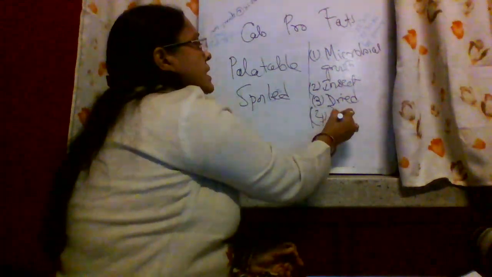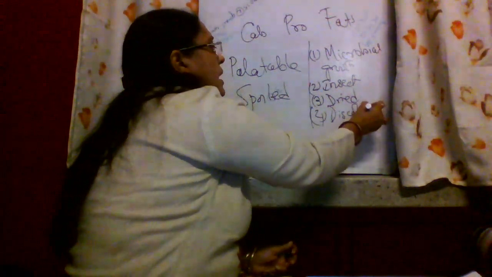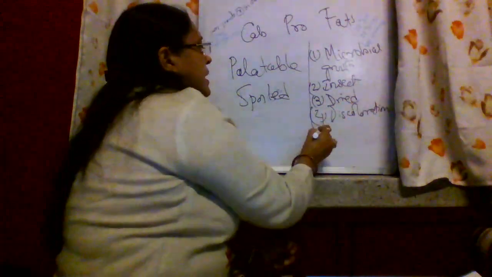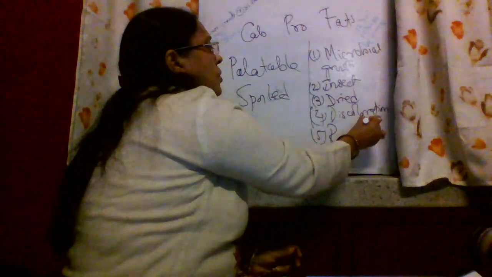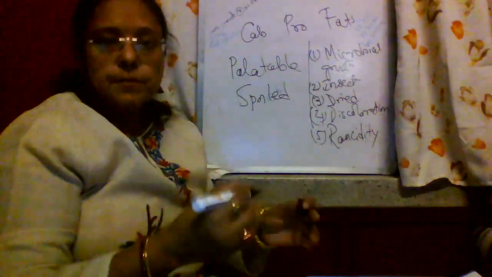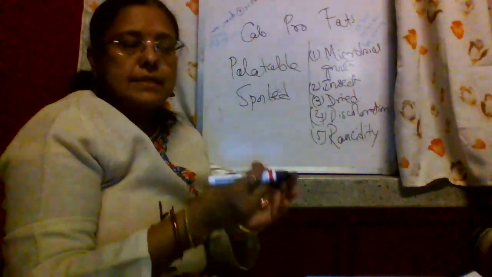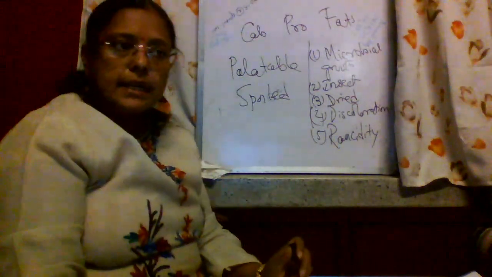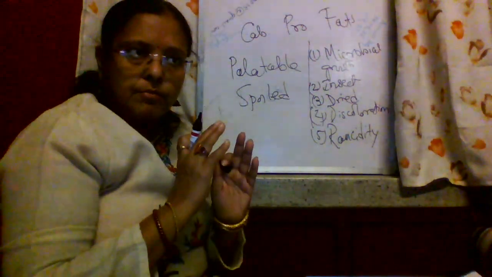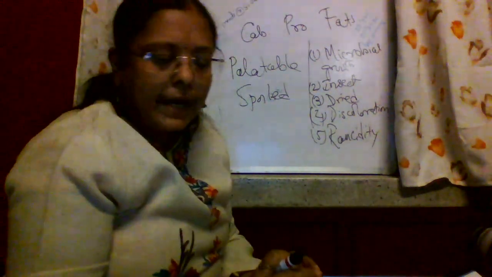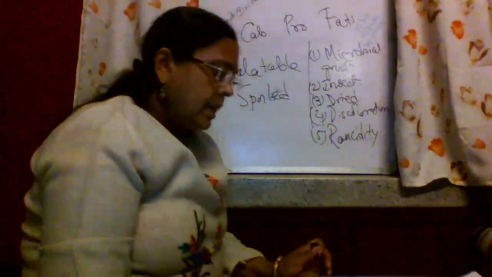So discoloration is another type of spoilage. And last but not the least is rancidity, which we associate with meat being spoiled. And when it appears slimy in nature and has a very bad smell and odor, we find it in the raw meat.